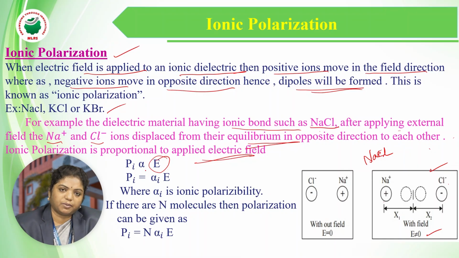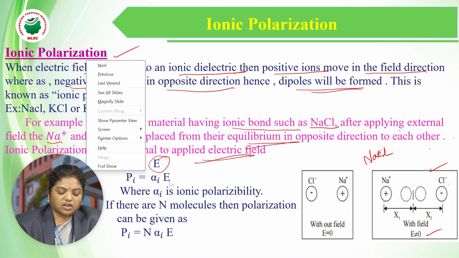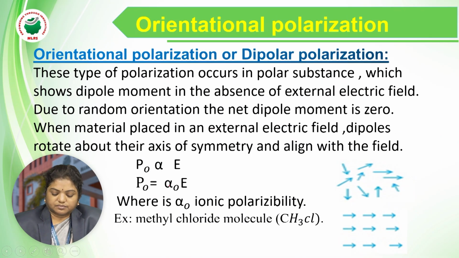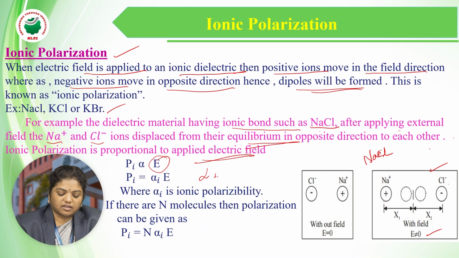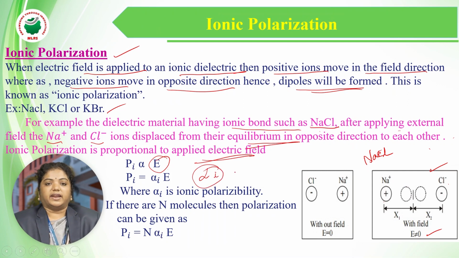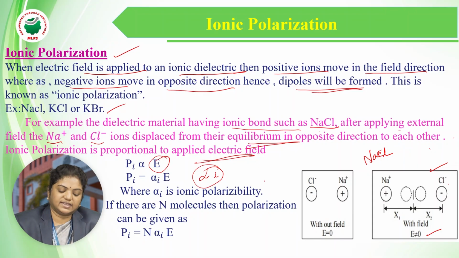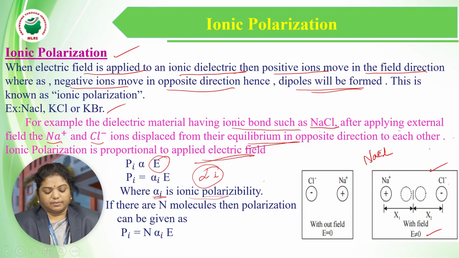Removing the proportionality, you get one constant, alpha i. This is called the ionic polarizability. So Pi is equal to alpha i into E, where alpha i is the ionic polarizability.